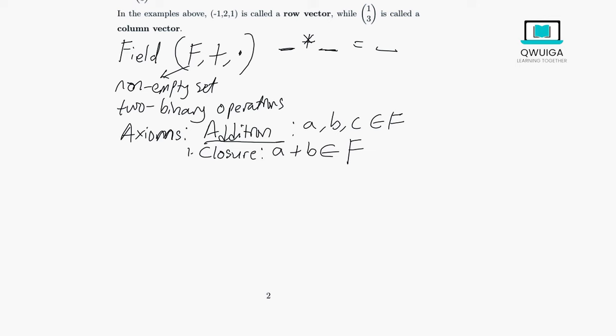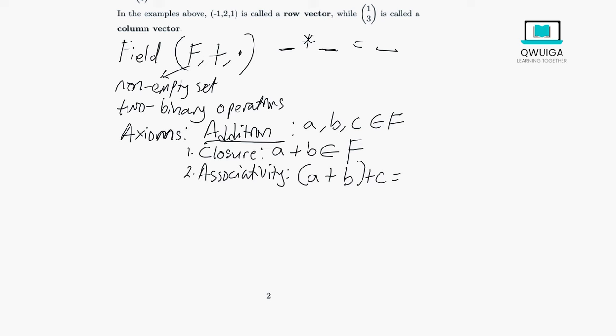Another axiom that must be satisfied by this set is that of associativity. Associativity says that when you are taking three elements, the order in which you operate them is not important.